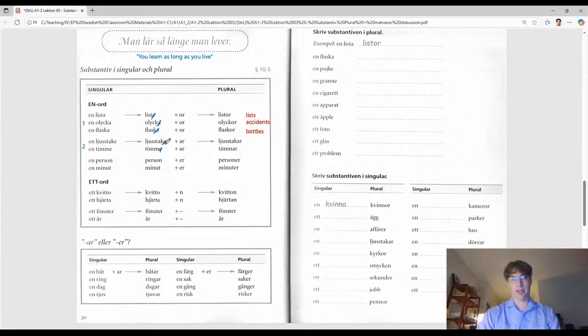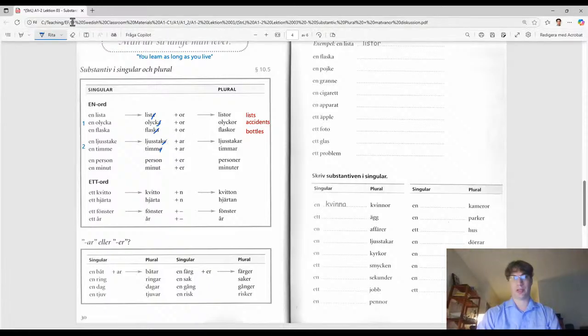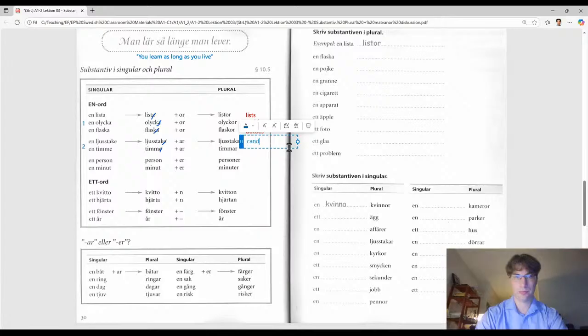So you strike the E, add AR, get många ljusstakar. That's candle holders. And similarly with en timme, which is an hour, strike the E, add AR, get många timmar, many hours.